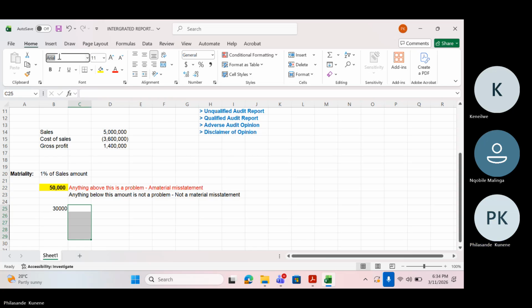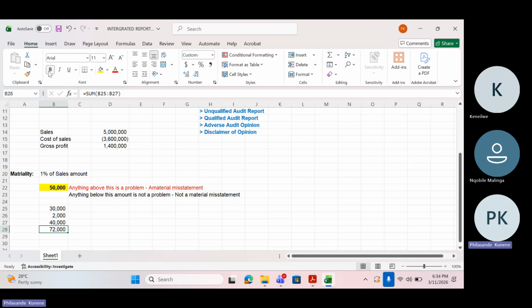Maybe the error is 2,000, I'll say it's fine. Maybe there's another error. When we start having 3 errors like this, you see all these errors, they are below 50,000 individually. But now, when I combine them all, they become 72,000.